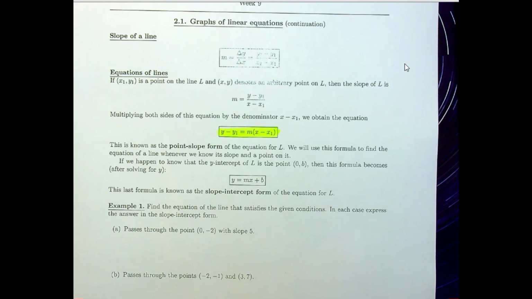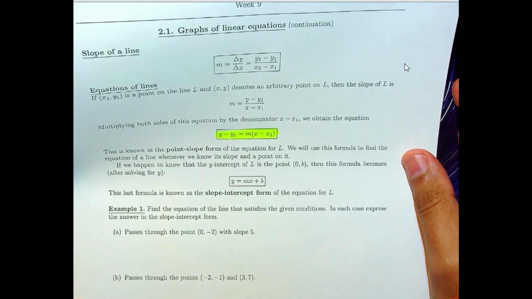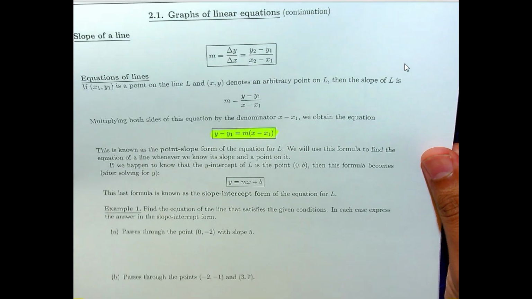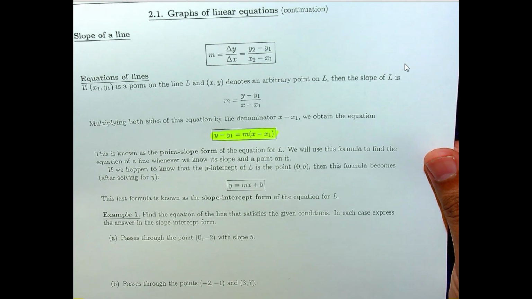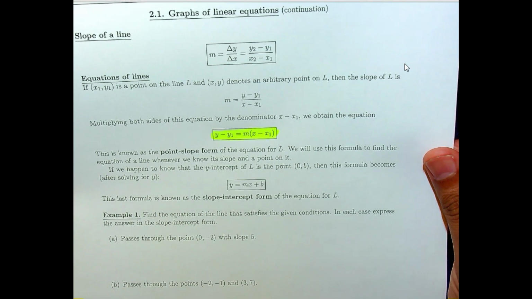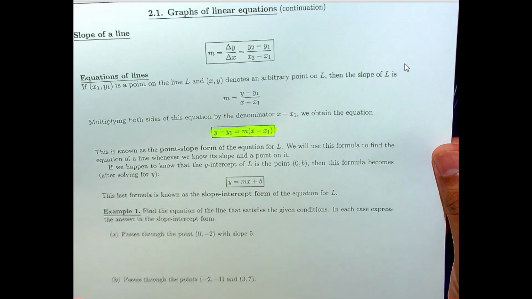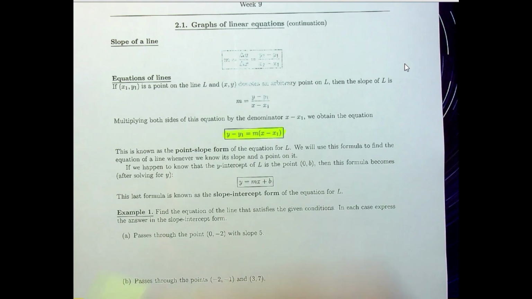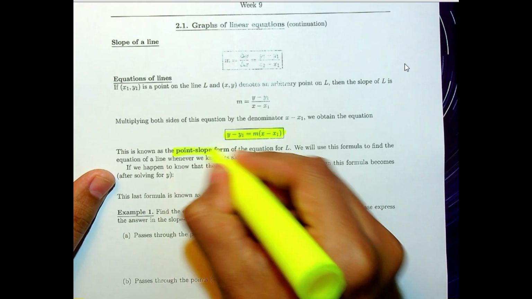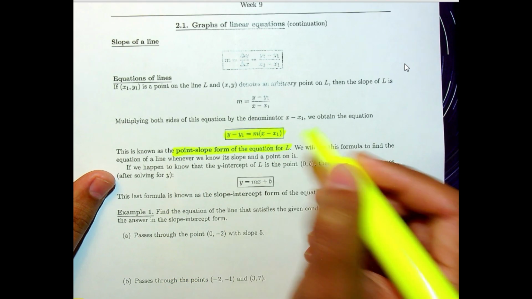So this formula is going to give you the equation of a line if you know the slope m and you know another point on the line, x1, y1. And this formula is called the point slope form of the equation for the line.